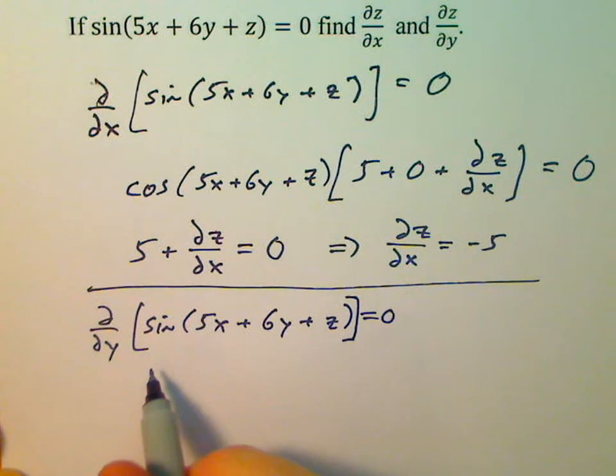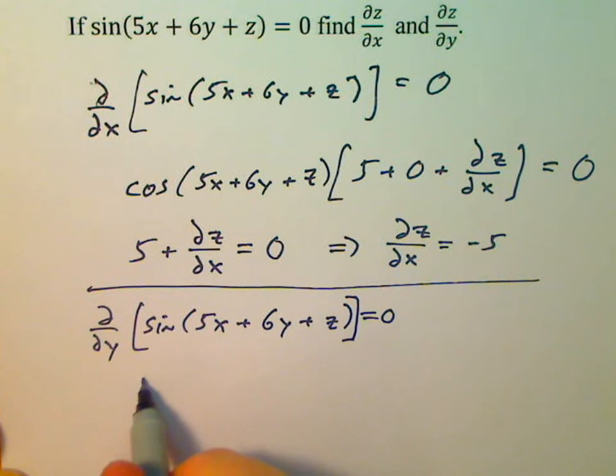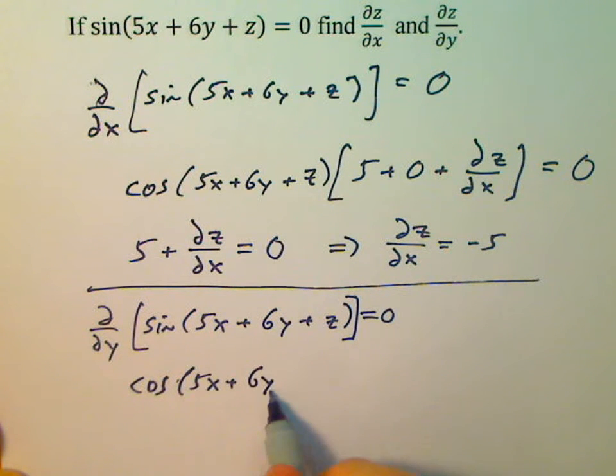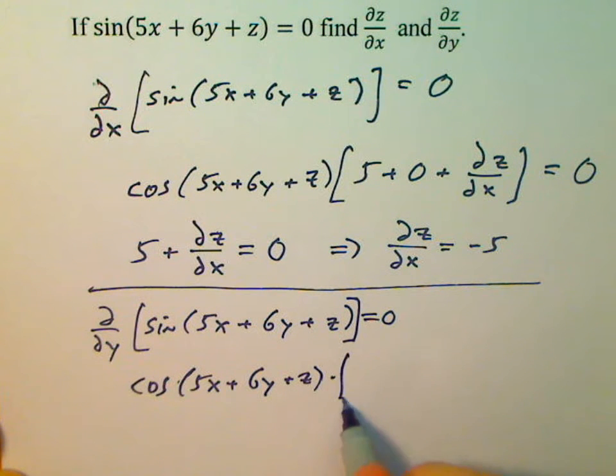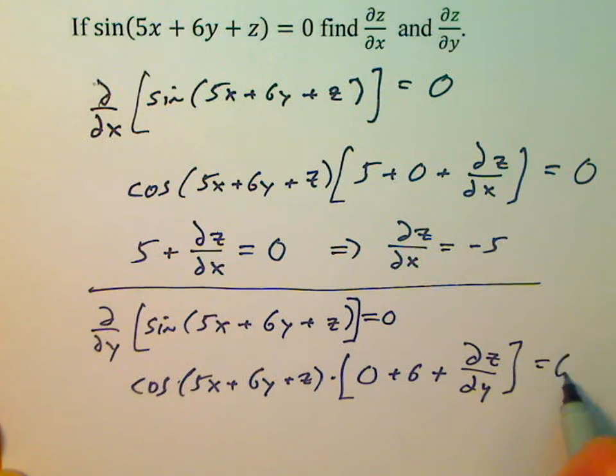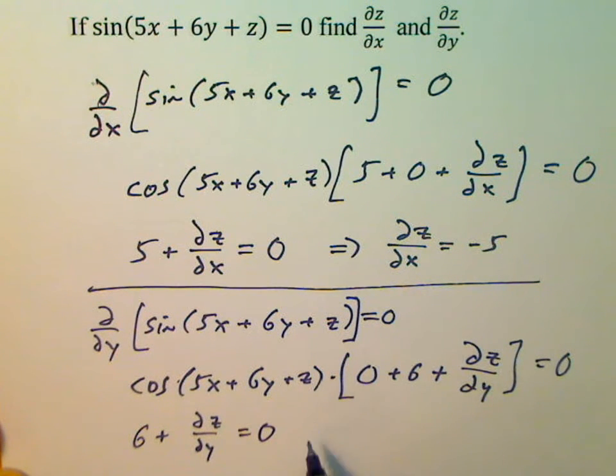And this is going to give us, again, taking the derivative, cosine 5x plus 6y plus z times, then 0 plus 6 plus partial z with respect to y equals 0. So this is going to be 6 plus partial z with respect to y equals 0, which means that partial z with respect to y is negative 6.